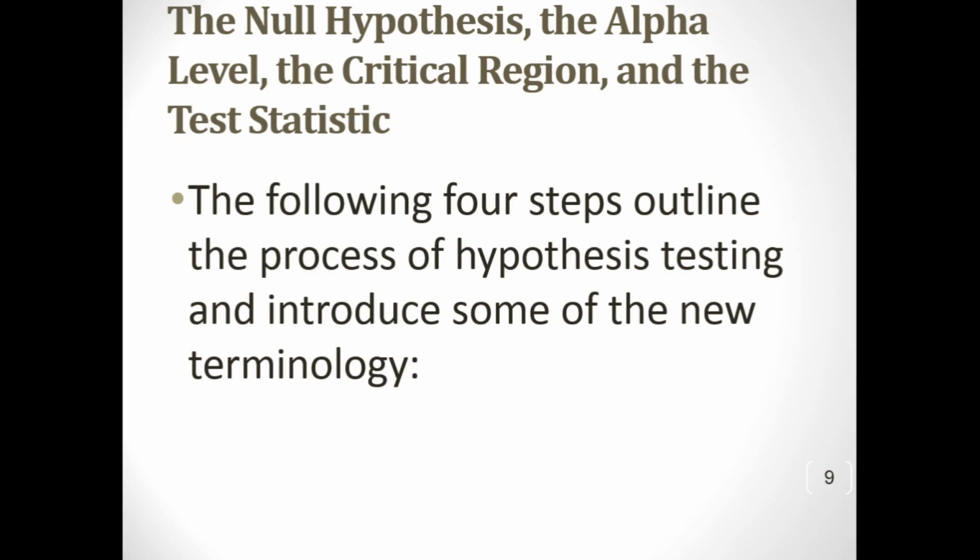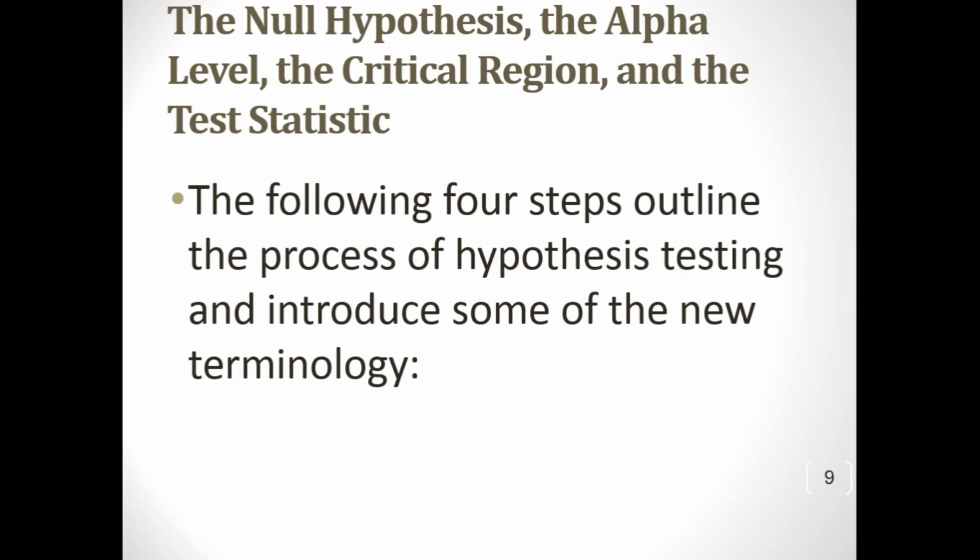What is the null hypothesis in hypothesis testing? What is the alpha level? What is the critical region? And the test statistic. The following four steps outline the process of hypothesis testing and introduce some of the new terminology that we'll be using in order to decide whether or not to reject or accept the null hypothesis.